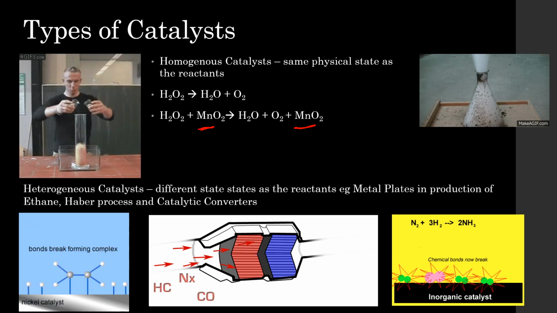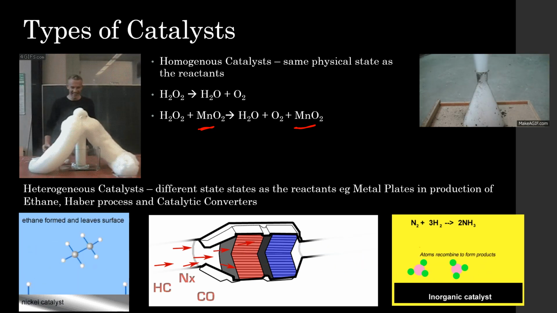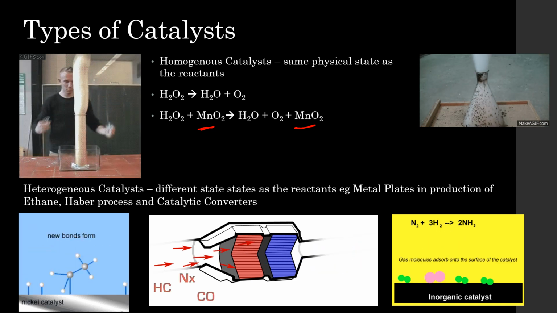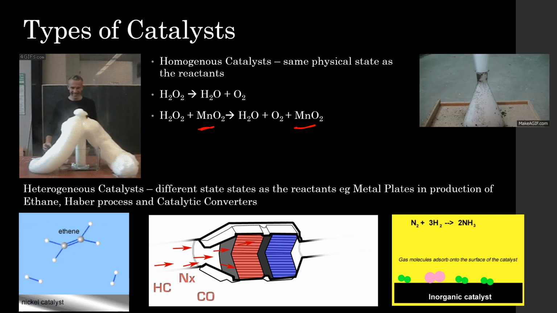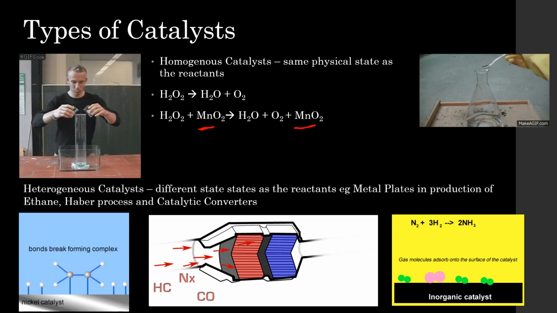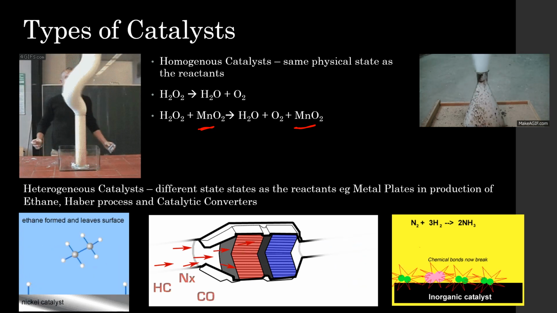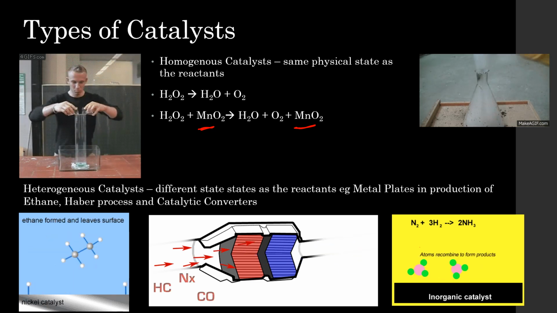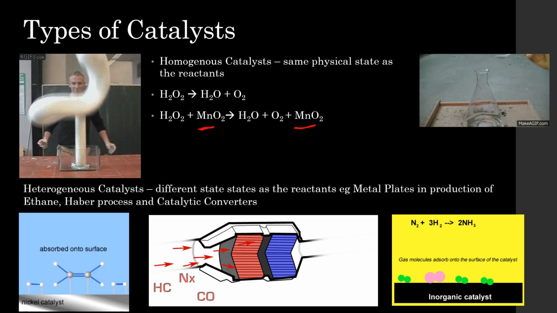Now, it's fairly common in industry to use metals, for example in the production of ethane, that would be nickel. In catalytic converters, that's your middle one, you've got things like vanadium in there to help speed up the process of converting hydrocarbons, nitrous oxide and carbon monoxide into other gases.